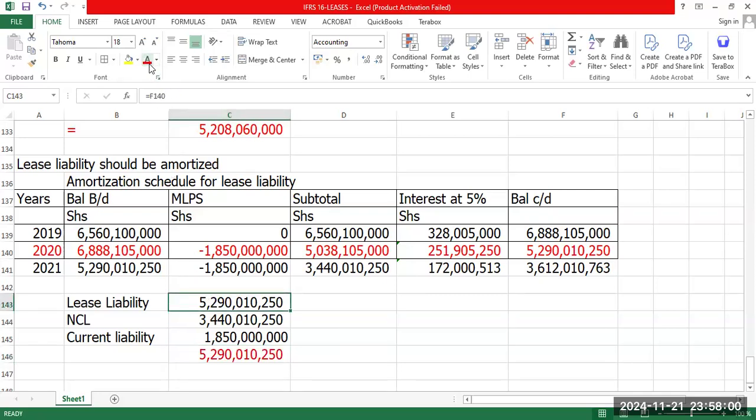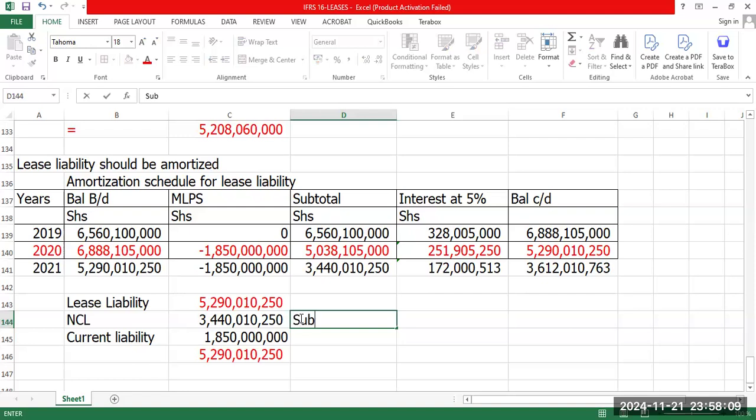Are you seeing that? Okay, good. So this is like the subtotal. Subtotal of next year. Subtotal after reporting period.